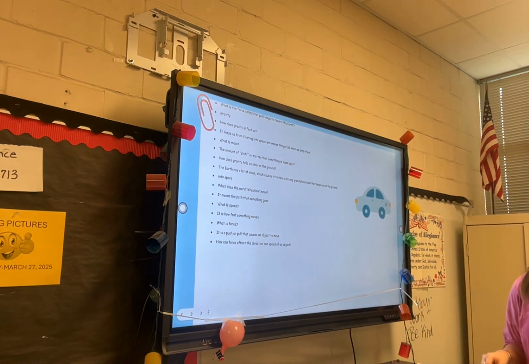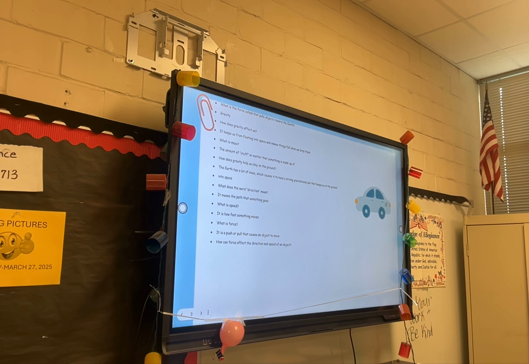So, how can force, a push or a pull, affect the direction or the motion of an object? How can force affect the motion of an object? How can force cause something to move, Cherokee? It can push it or pull it to make it keep going.